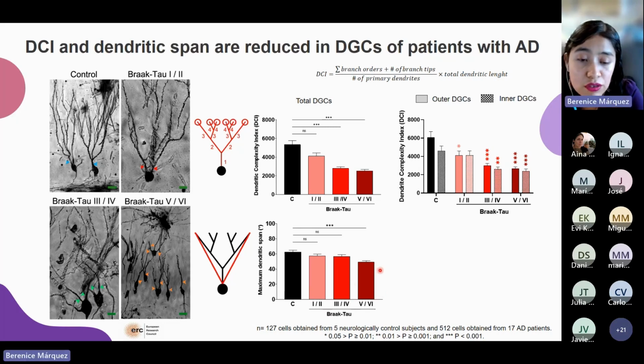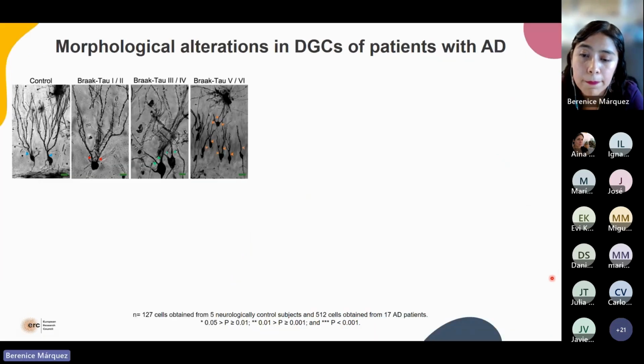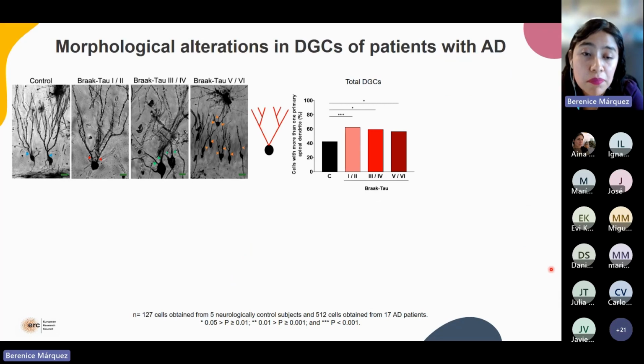Moreover, this alteration is also observed in inner dentate granule cells at the same stages, without changes in the outer dentate granule cells in this parameter. Interestingly, in total dentate granule cells, the percentage of cells with more than one primary apical dendrite was higher in the Alzheimer's disease patients in all Braak-Tau stages, indicating that this parameter is remarkably altered at the beginning of the disease.